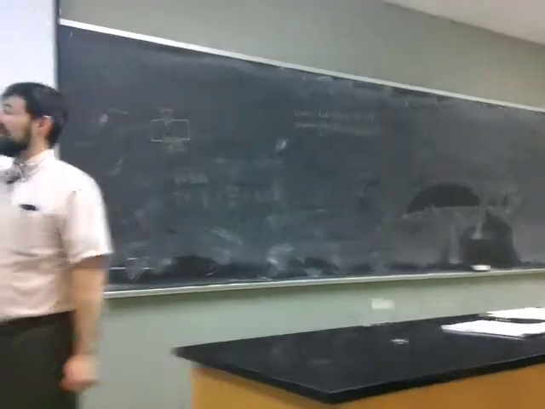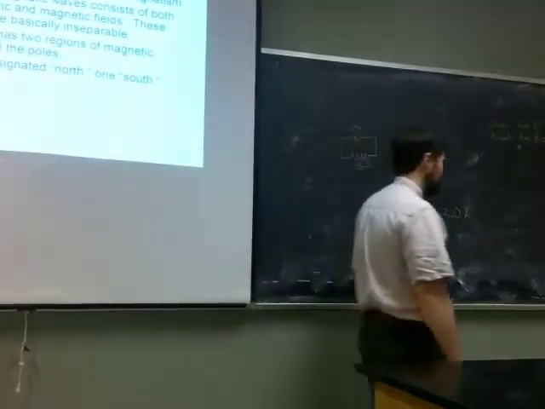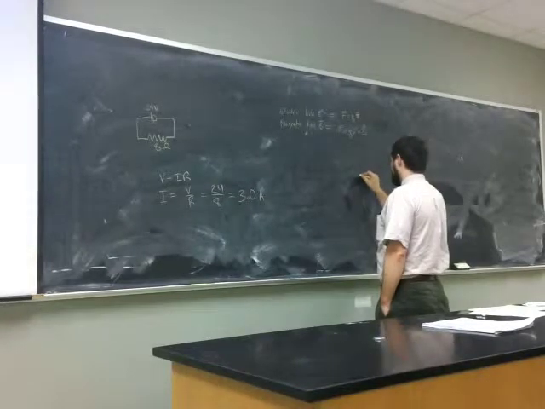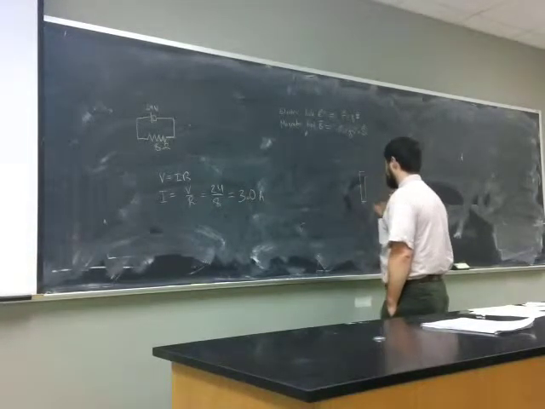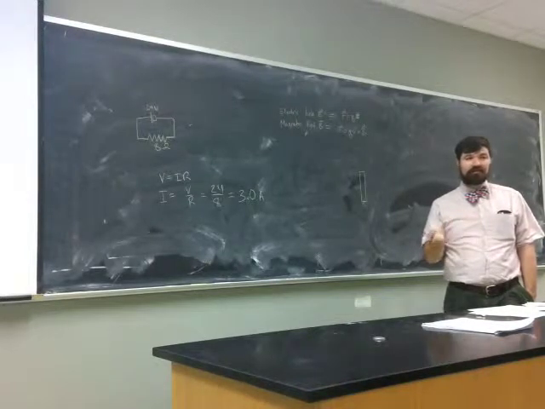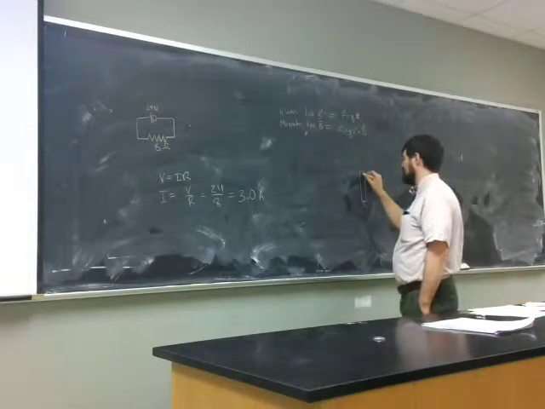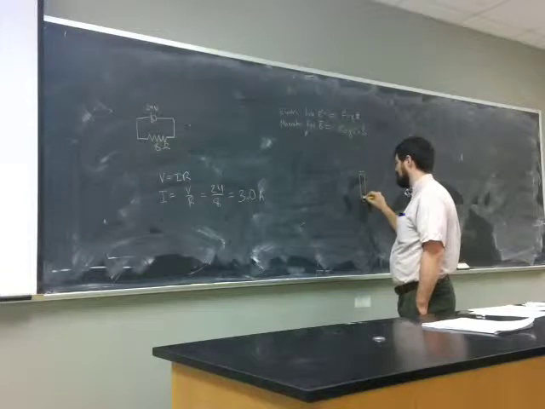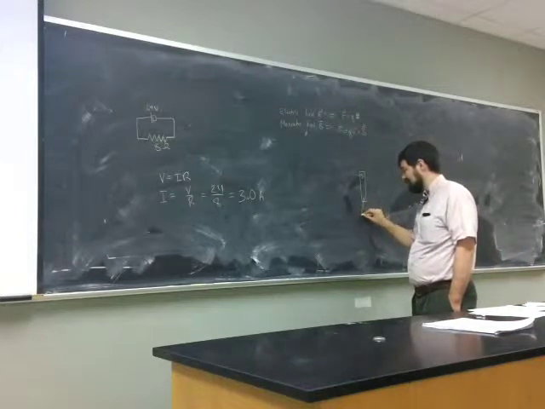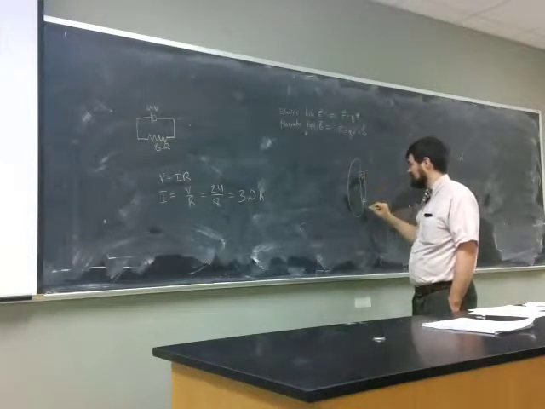With a bar magnet, the fields that get produced look like this. So let's draw our bar magnet. Instead of having a plus and a minus, it has magnetic poles. So there could be a south pole and a north pole. And the fields basically come out of the north pole side and go into the south pole side.